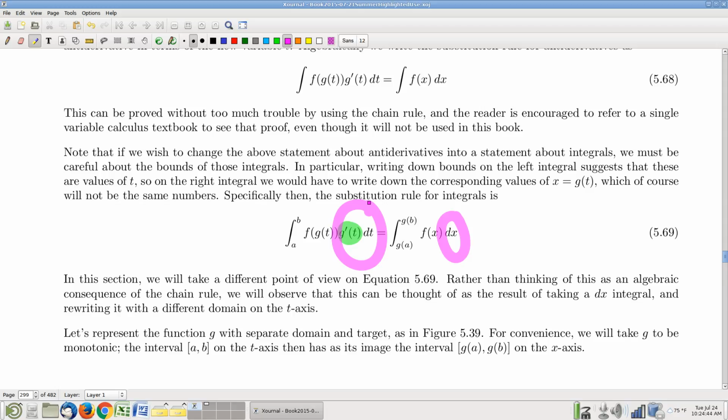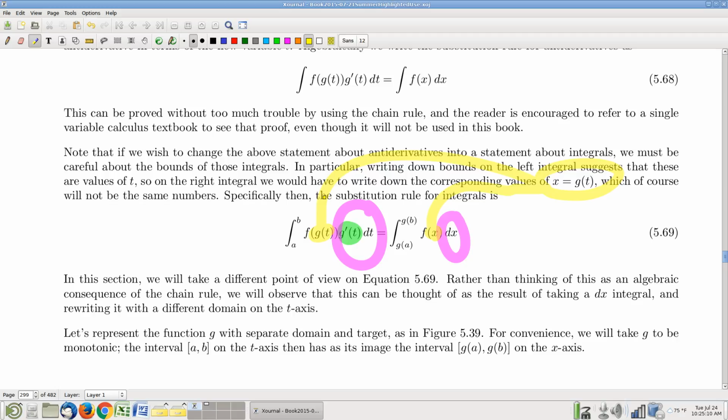So I'm going to refer to the role that g prime is playing here as being the stretching factor. It's how much a little piece of the t-axis gets kind of stretched out to become a little piece of the x-axis. Okay. All right, and then as I argued previously, x is g of t.